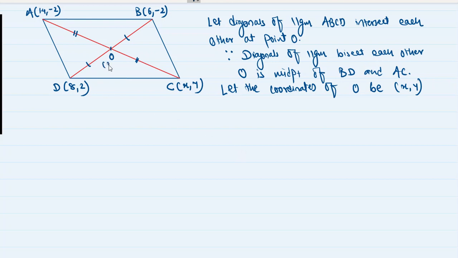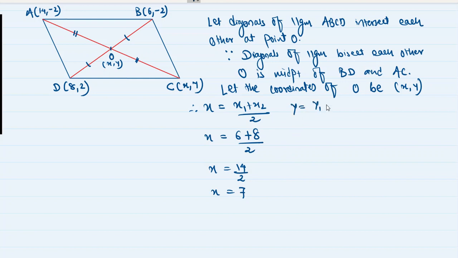So if we assume its coordinates to be x comma y, then by midpoint formula we can say that x is equal to x1 plus x2 by 2. x1 is 6 plus x2 is 8 by 2, that is 14 by 2, that is 7.